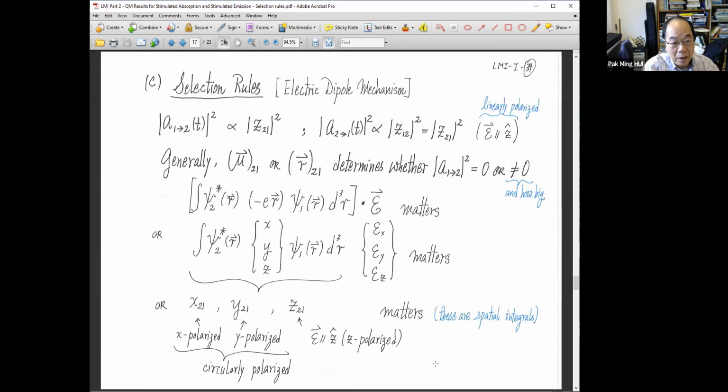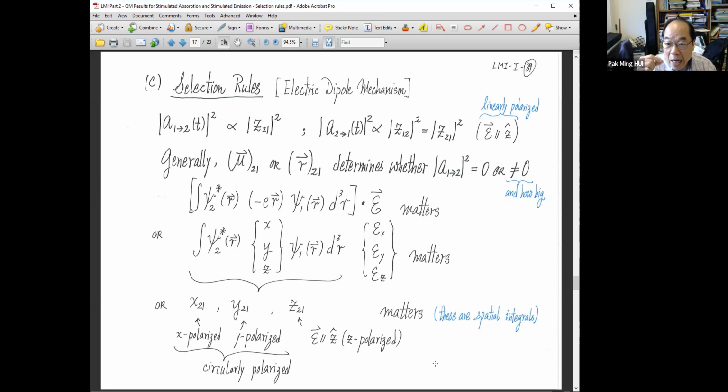Okay. So let me pause here for a break, and then we will collect some physics results, selection rules, why we have those selection rules, and then how we get something called transition rate per unit time. What is the probability that there's a transition?